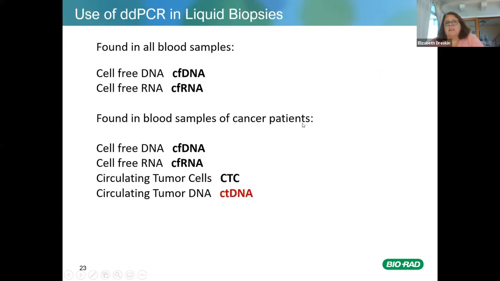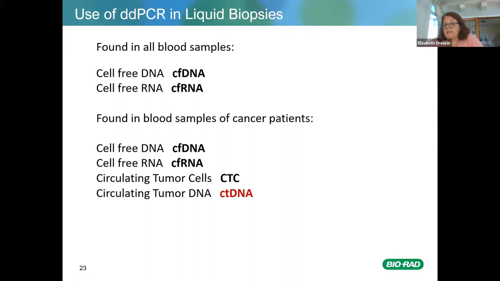I'd like to switch and talk briefly about liquid biopsies, what they're useful for, and why they're done. So liquid biopsy is a blood draw. And the reason it's so useful is because there are a lot of solid tumor cancers that are inaccessible or difficult to access for biopsies.